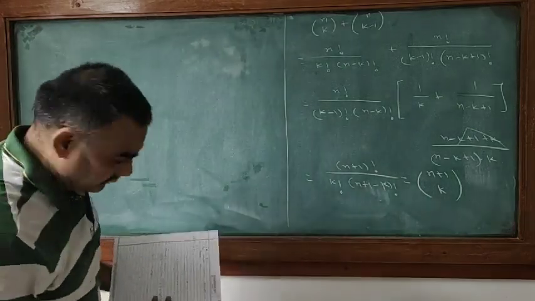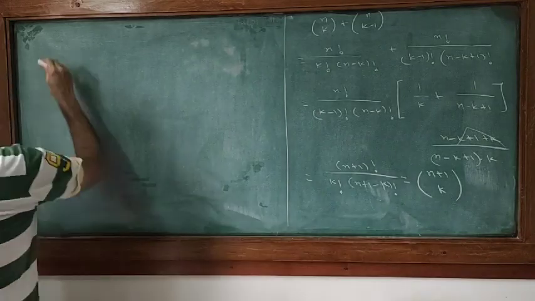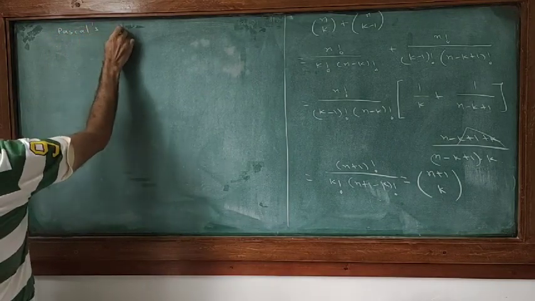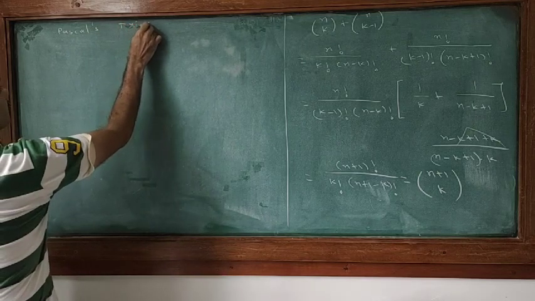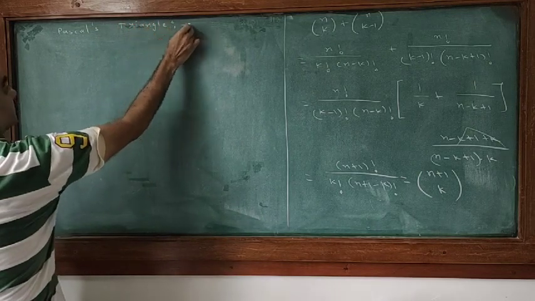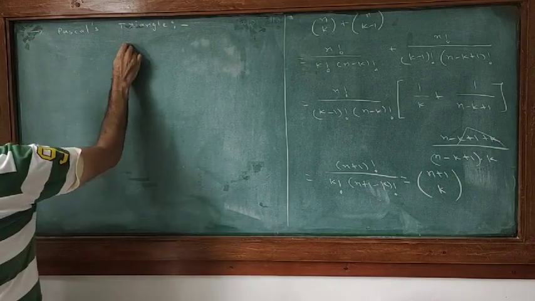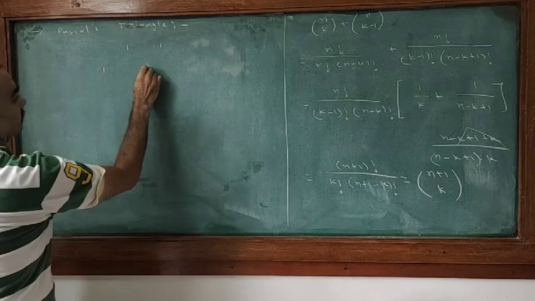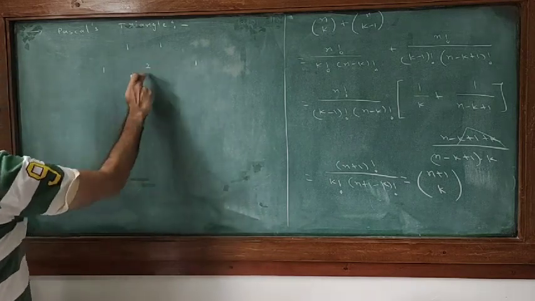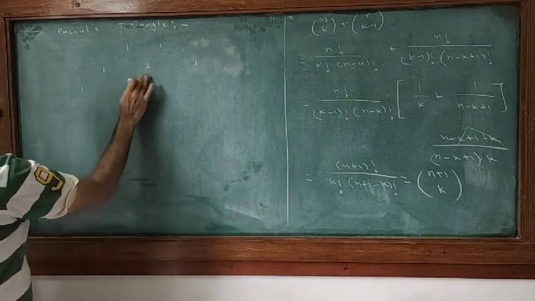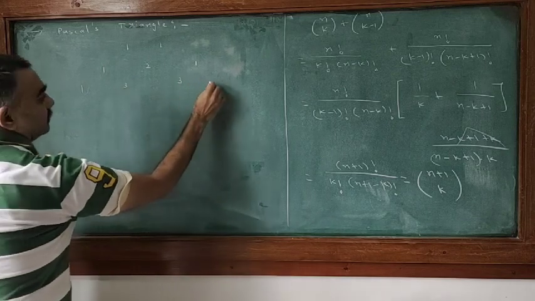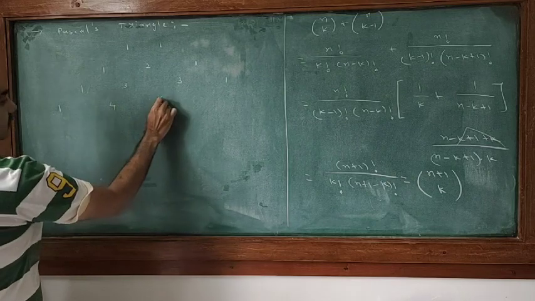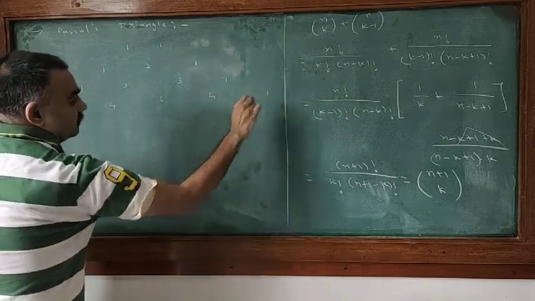Then Pascal's triangle. We start with 1 1, then 1 2 1, which means the sum of both, then 1 3 3 1, then 1 4 6 4 1.